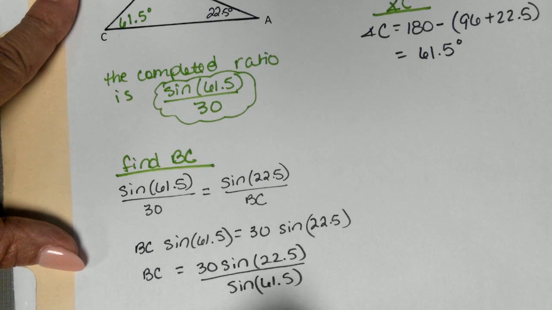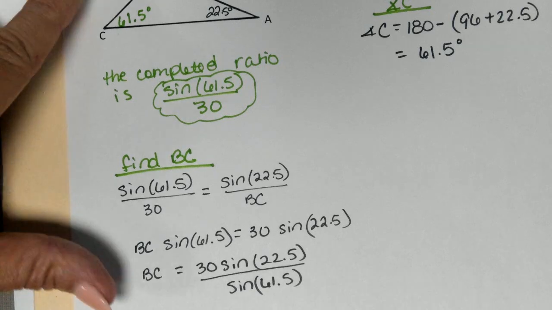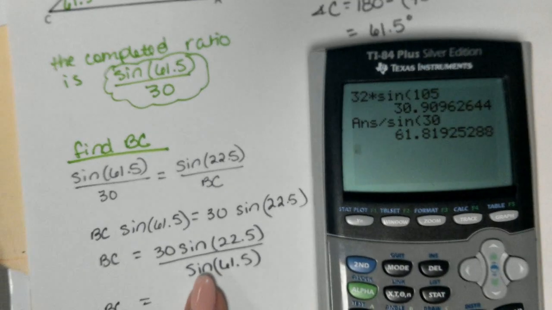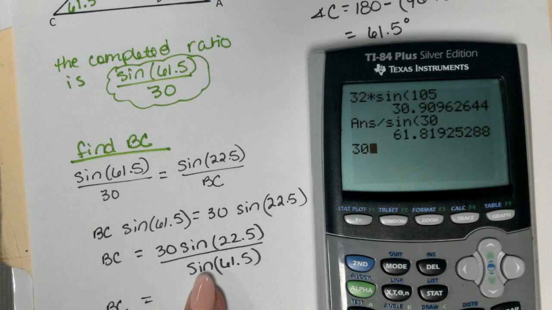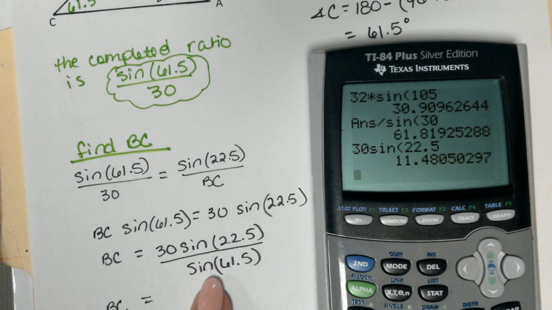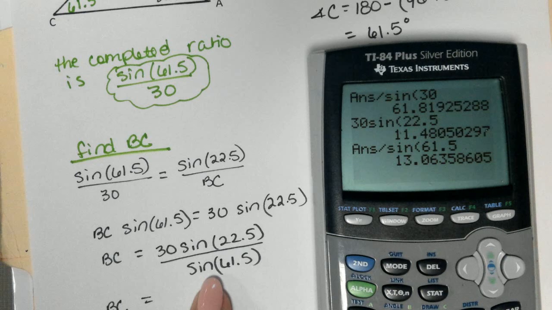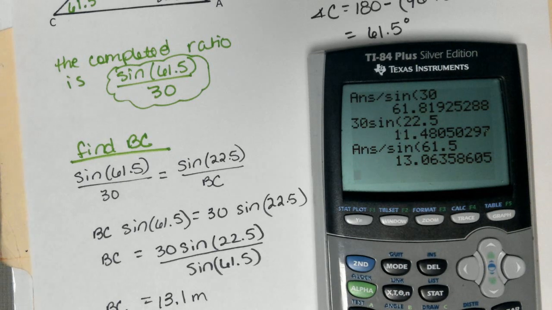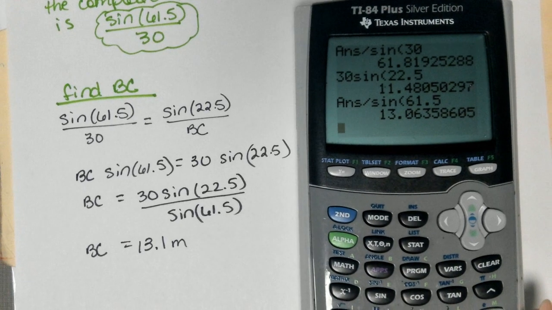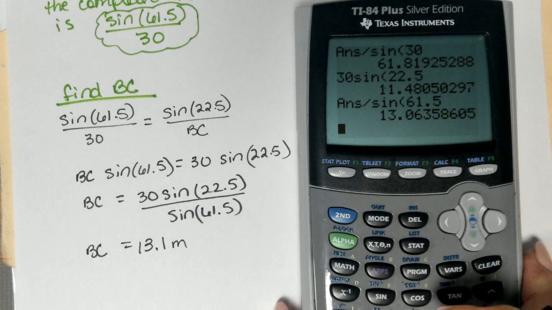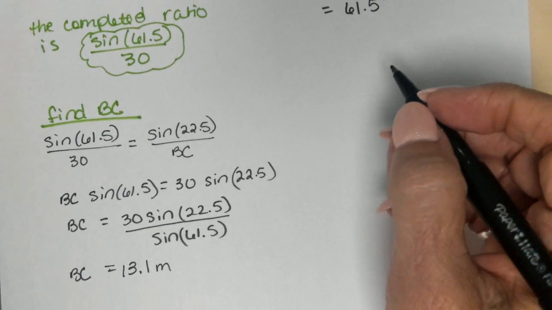Okay, and then we should get the answer of 30 times the sine of 22.5, then divided by the sine of 61.5, 13.1. So 13.1, and we're measuring in meters. So we've got 13.1 meters. All right. 2 down, 1 to go.